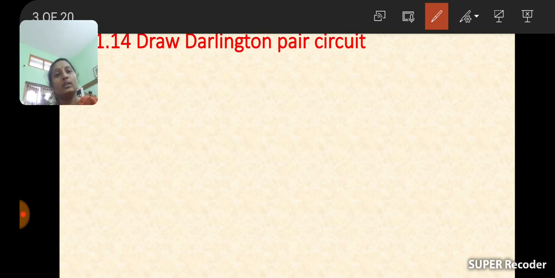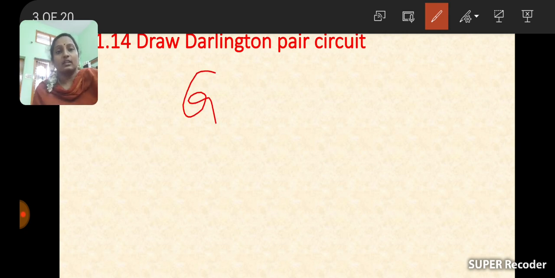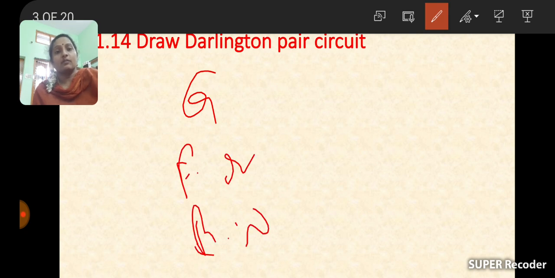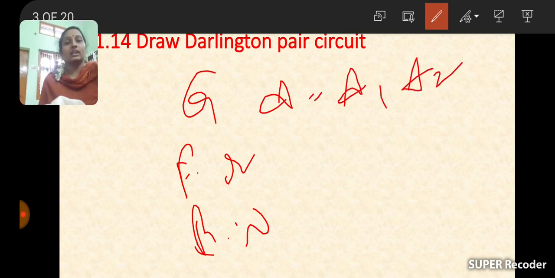And the important parameters of a multi-stage amplifier are gain, frequency response, and bandwidth. The gain of a multi-stage amplifier is the product of the gains of all individual stages.